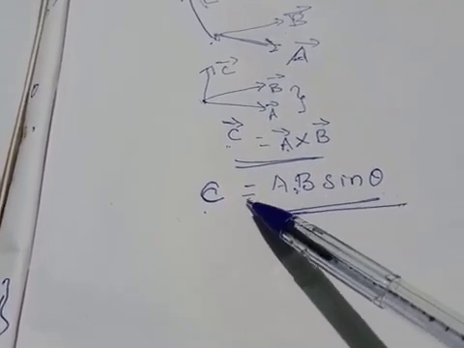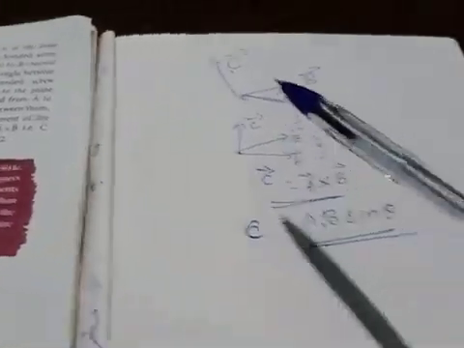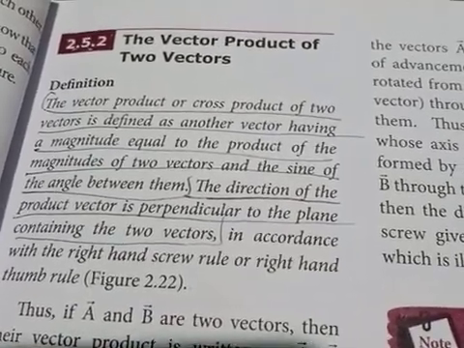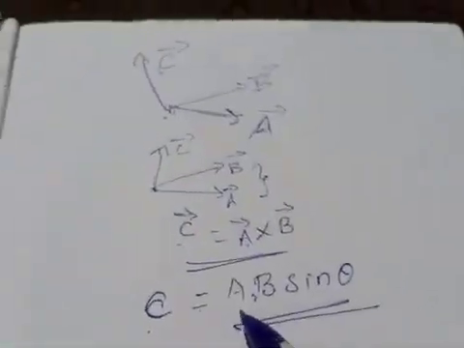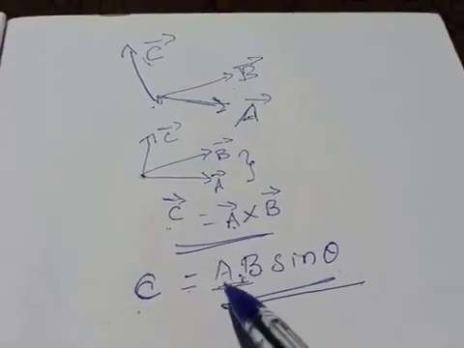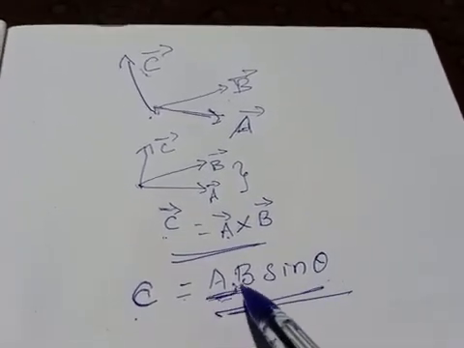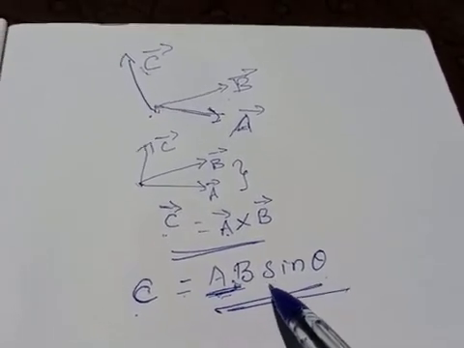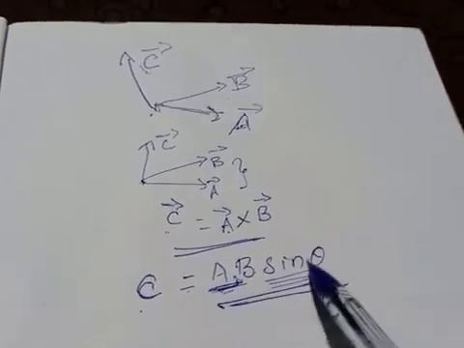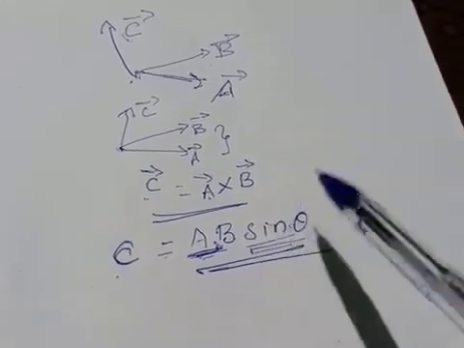This is how you can define a vector product. The vector product or cross product of two vectors is defined how? It is the product of the magnitude of these two vectors and the sine of the angle between them. So from this formula you can write this definition of vector product of two vectors.